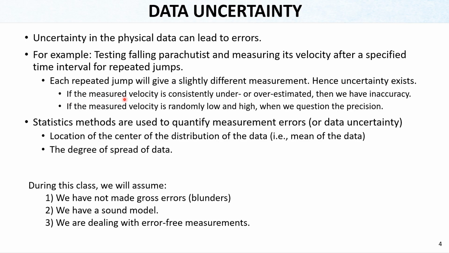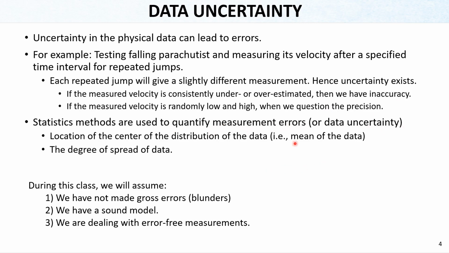And if the measured velocity is consistently under or overestimated, then we have inaccuracy. We say that we have an inaccurate measurement. If the measured velocity is randomly low and high, then we question the precision actually. So for the control of uncertainty, we use some statistical methods to quantify this repeated measurement error or data uncertainty.